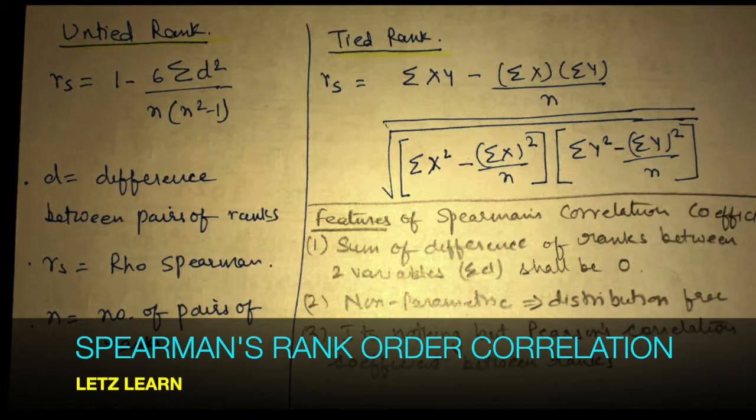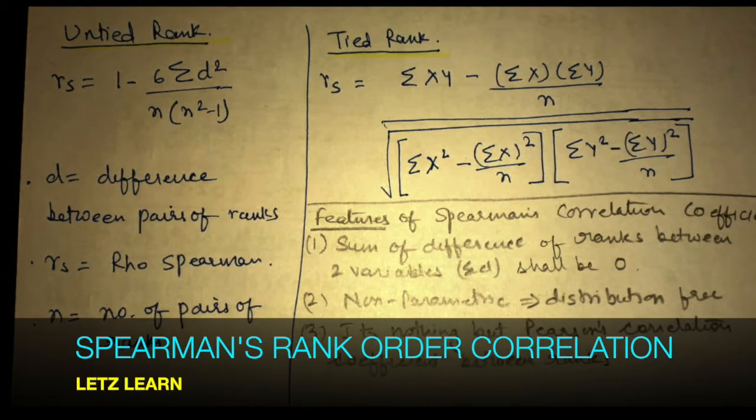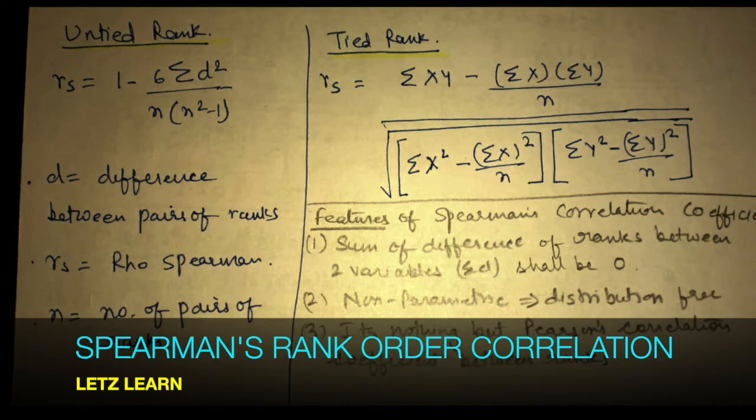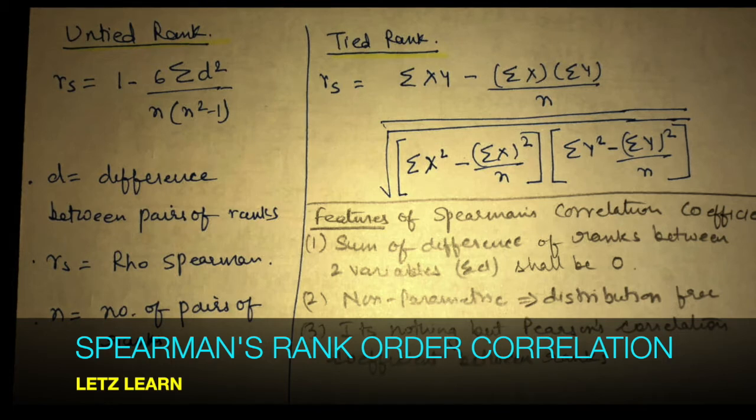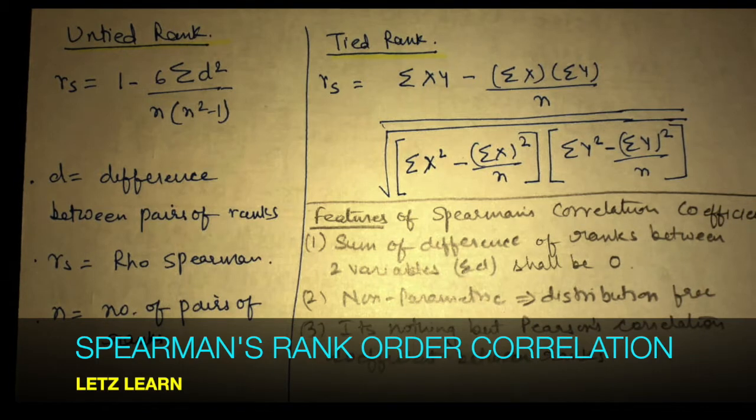The other method is for the tied ranking. We'll solve a problem here for the tied ranking, because tied ranking is a little complicated compared with the untied ranking. Once we solve the tied ranking, we'll know how to solve the untied ranking also.